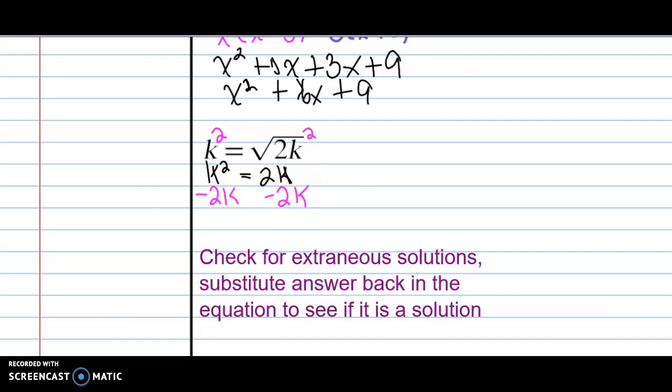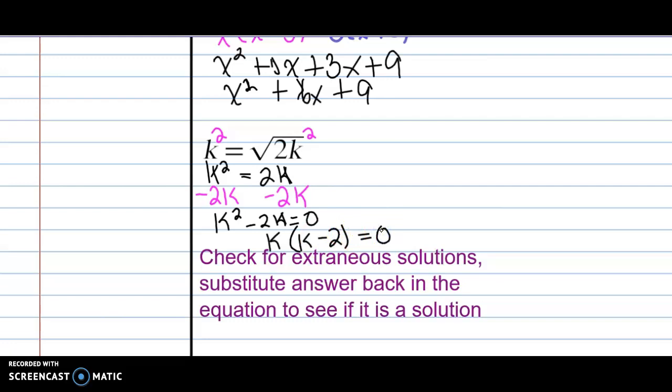So then we have k squared minus 2k equals 0. If you notice, what is the greatest common factor between k squared and 2k? It is k. So k squared divided by k is k, and then 2k divided by k is just a 2. That equals 0.